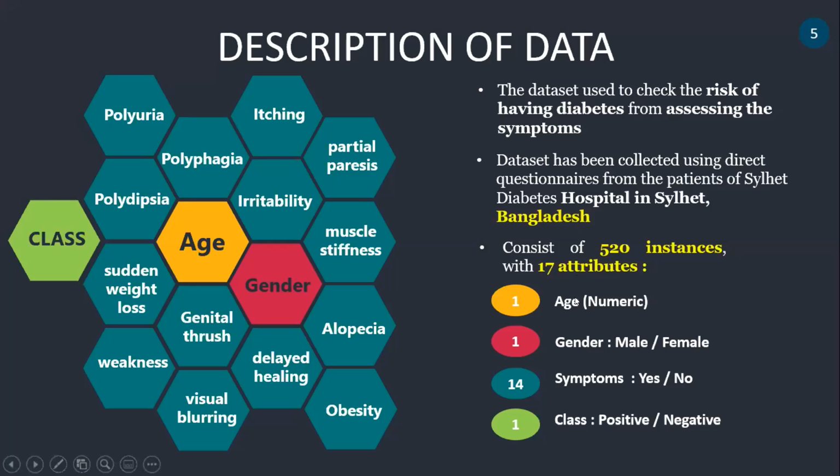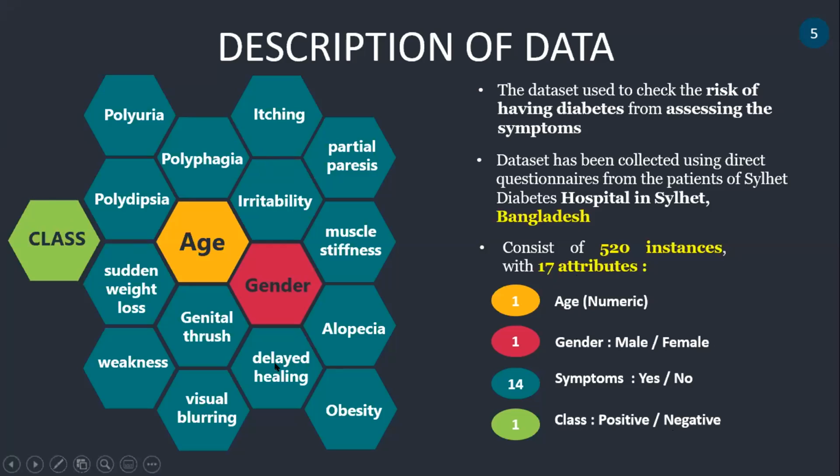The first attribute is age, numeric, and then we have gender, character, whether male or female, and then we have 14 different symptoms. The data is recorded as character, yes for having the symptom or no. And lastly, the important one is class, positive or negative for diabetes.